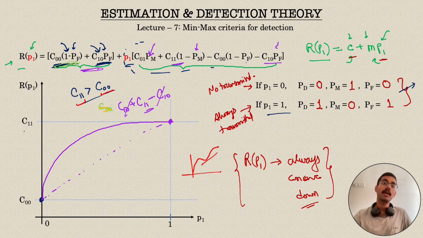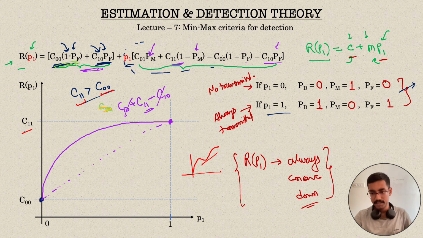If we are giving more bias to C11, it would be nonetheless not a completely worn out detector, but we won't be having a very good base curve here, because we are weighing C11, the cost of the signal being transmitted and being detected, much more than the cost of signal not being transmitted and not being detected. So this does not make sense, right?